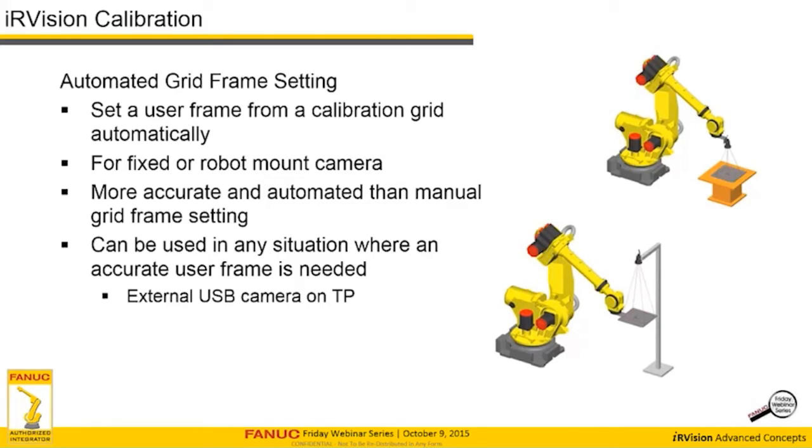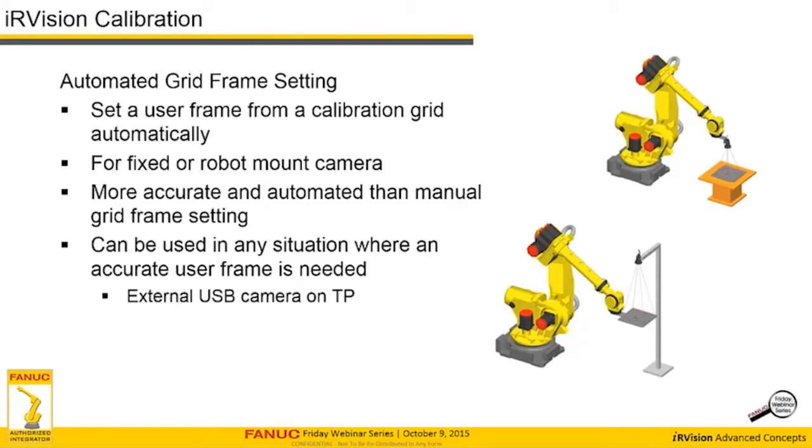But in either case, the results are much more accurate than what you can do with your eyes and even careful jogging of the robot for manual grid frame setting. You can use this even if it's a fixed grid on a fixed location, and you don't have a robot-mounted camera. You could temporarily put a camera, an iRVision camera, on the robot.